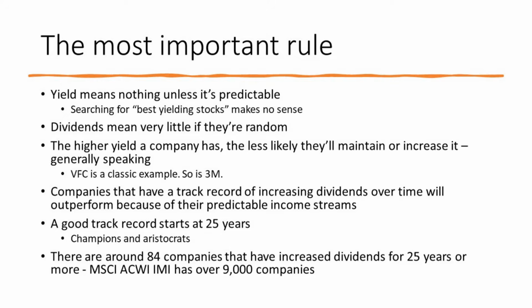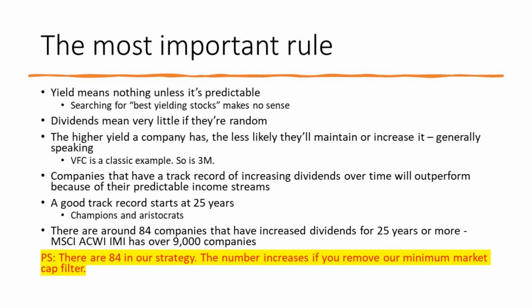Companies that accomplish that feat are called Dividend Champions or Dividend Aristocrats, the latter being a name given to that classification by the S&P 500. There are around 84 companies that have this status. That means they've increased their dividends for 25 years or more in a row. When you compare that to the global universe of around 9,000 stocks, then that's a very elite group.